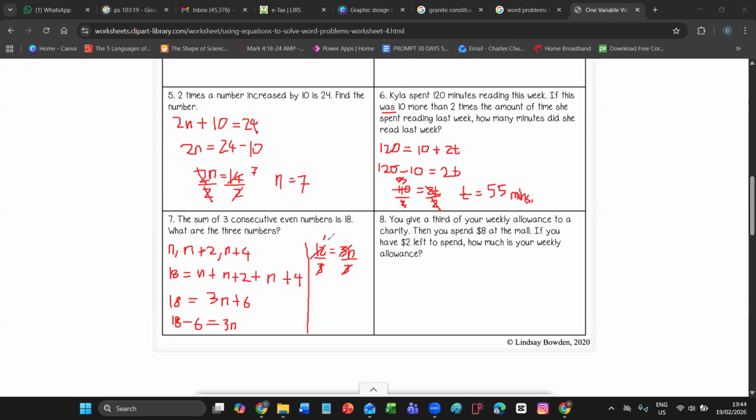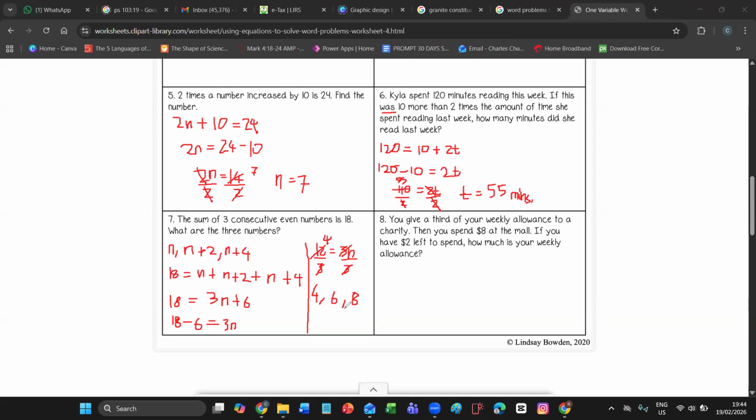Now that we found that one, of course, that means we can find the remaining two, right? So the even numbers will be 4, 6, and what? 8, isn't it? Yes, sir. And if you check it, you see that when you add the three of them, you actually get 18, right? Yes, sir.